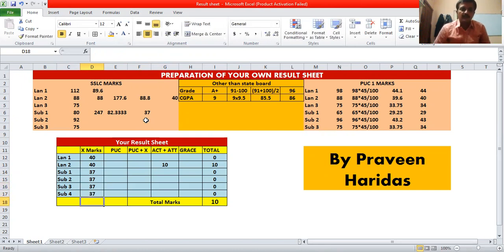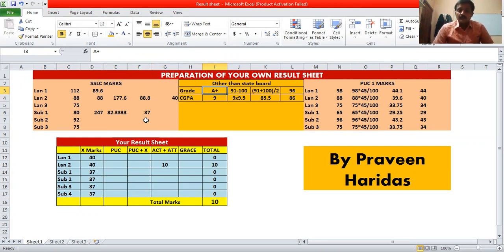So this is regarding the SSLC board, that is, state board marks. Now, if you are a CBSE, ICSE or a foreign student and you have got your marks as grades, then on the back of your mark sheet, the grades will be mentioned, and each grade will indicate certain mark limits. For example, I have mentioned here A plus is 91 to 100.